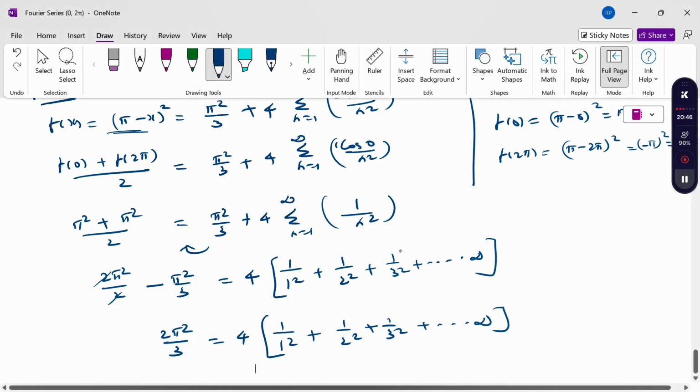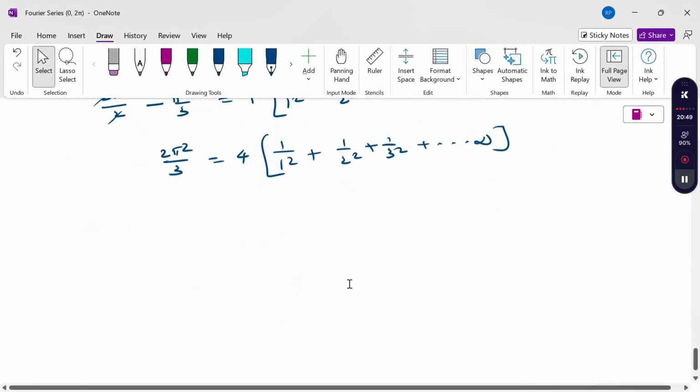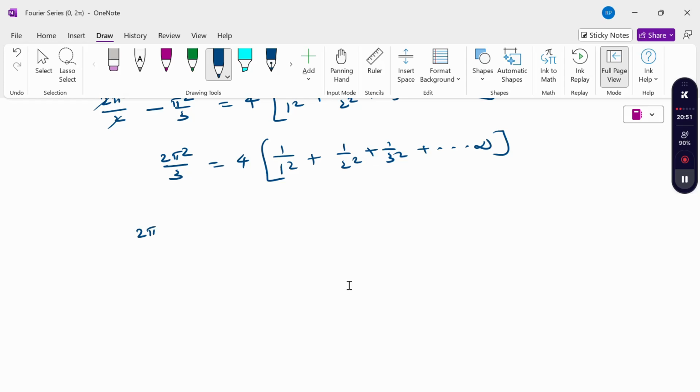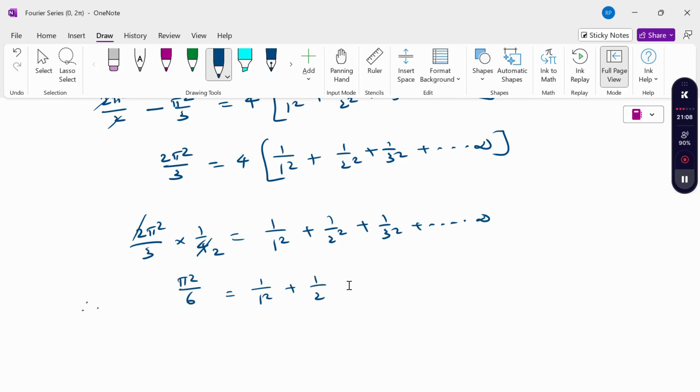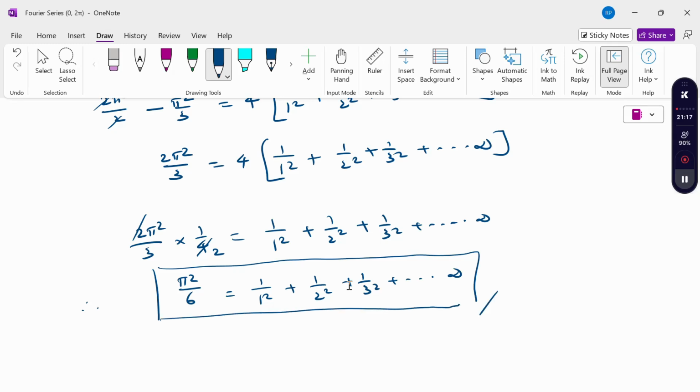So this 4 I am taking to the left hand side, so 2 pi square by 3 into 1 by 4 equals 1 by 1 square, 1 by 2 square, 1 by 3 square and so on. So when I cancel this 2, therefore this is pi square by 6 equals 1 by 1 square plus 1 by 2 square, 1 by 3 square up to infinity.